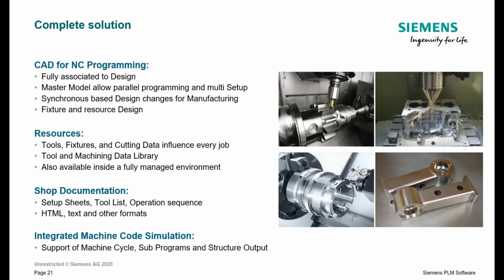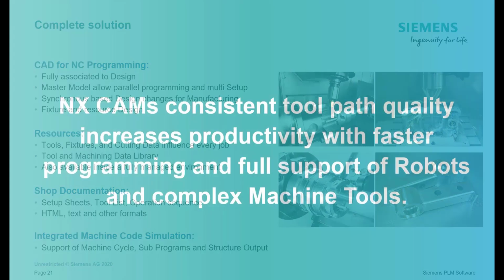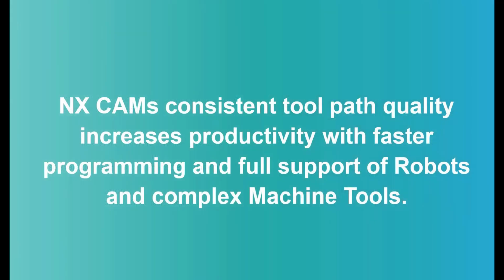Integrated machine code simulation supports machine cycles, subprograms and structure output, ensuring that the information being generated is correct and reliable. NX-CAM's consistent toolpath quality increases productivity with faster programming and full support of robots and complex machine tools.